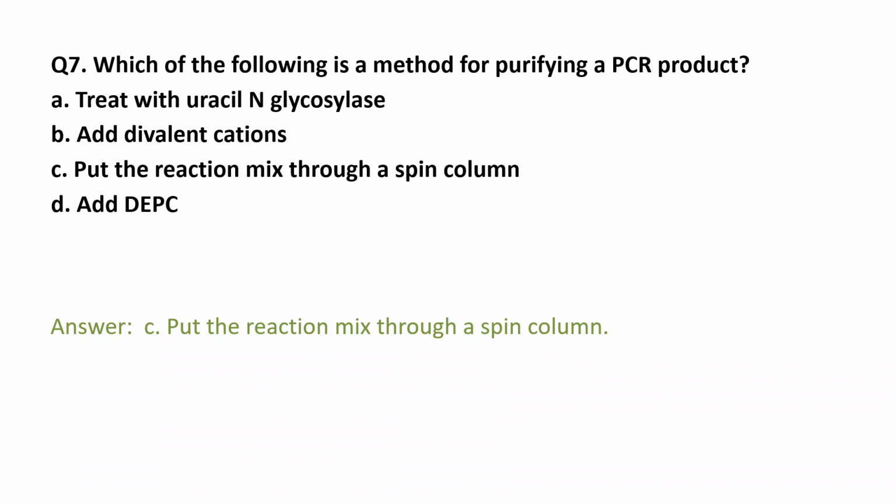That's why we use a spin column, which is coated with a silica membrane. It concentrates the DNA, and you can recover a pure product out of it. So the answer is spin column. The others are not relevant essentially.